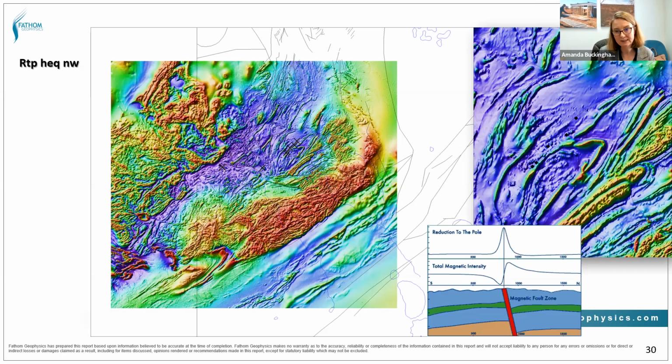If your body is still inclined, so it has a dip, you're still going to see asymmetry in the response, but you're not trying to work out in your mind with an inclined field where the feature or the body is relative to the response. So always reduce your data to the pole.